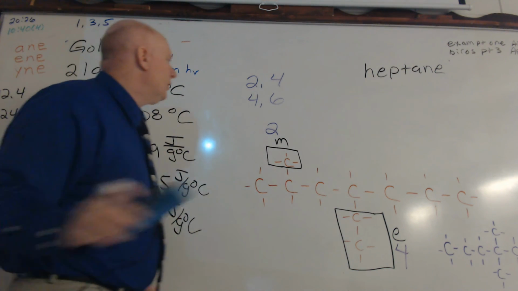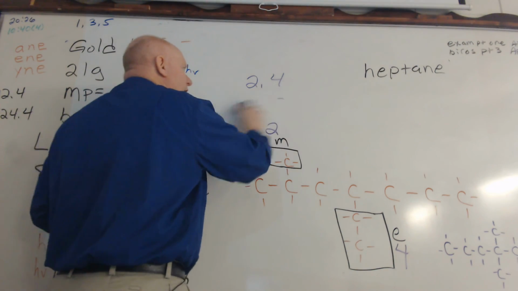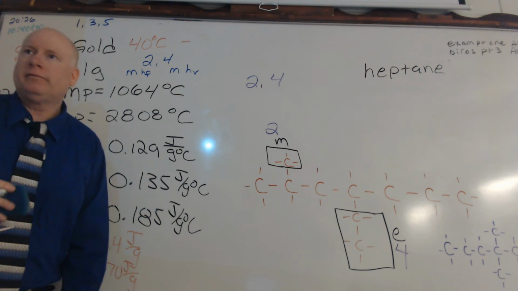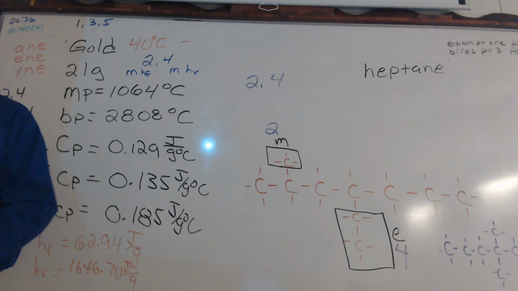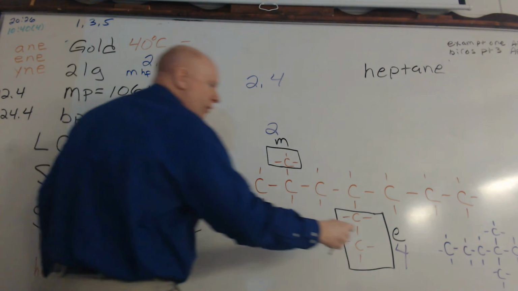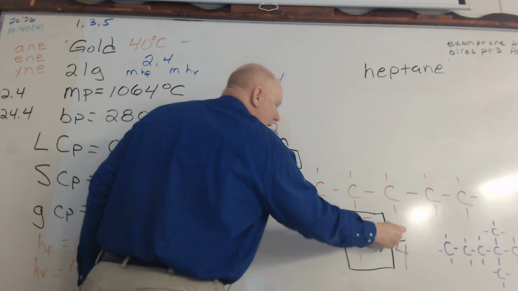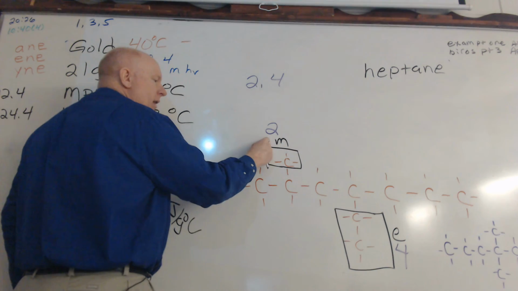Okay? So what that means then, the last thing you need to do is put these in alphabetical order. Okay? So upon doing that, alphabetical order, what comes first, ethyl or methyl? Okay? Now, I understand the number is bigger, but E for ethyl comes before M for methyl.